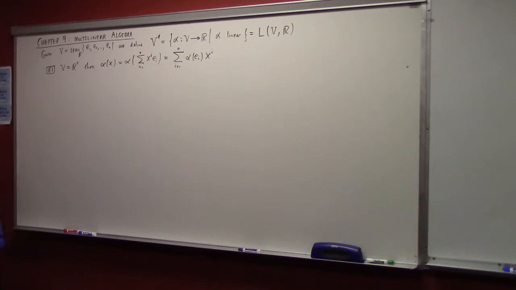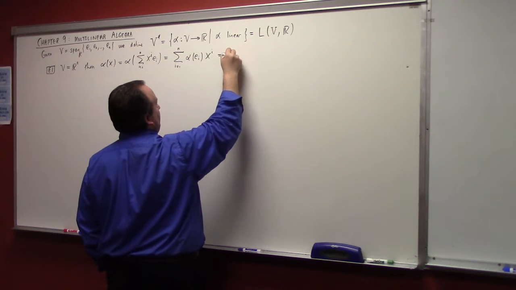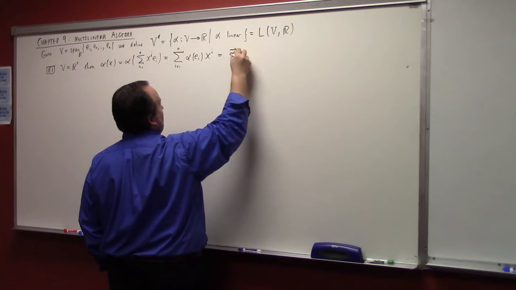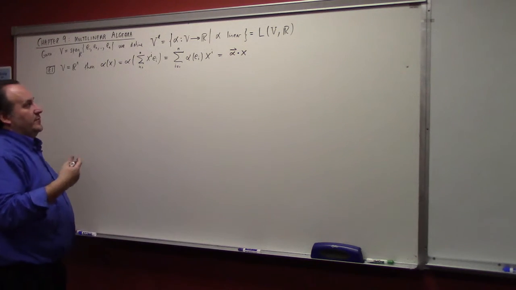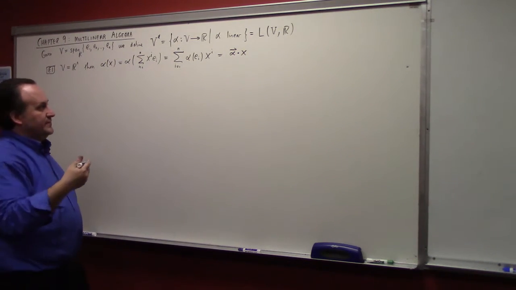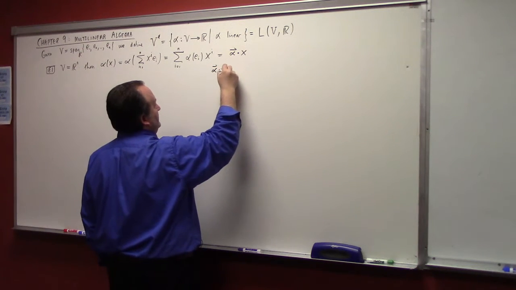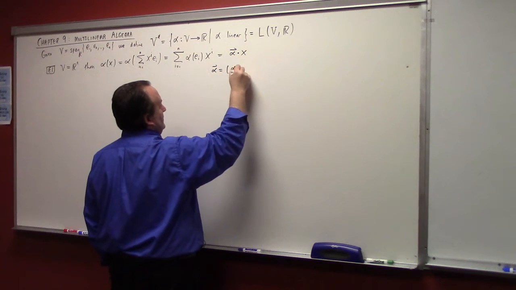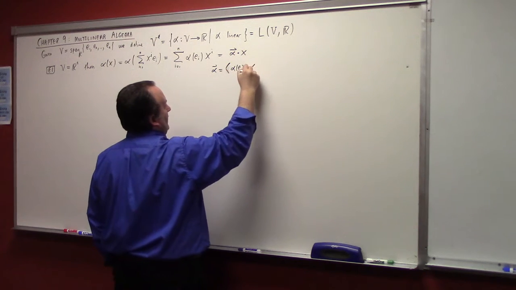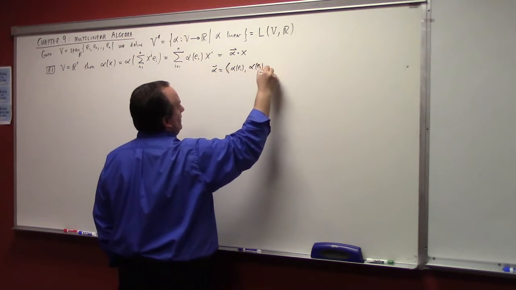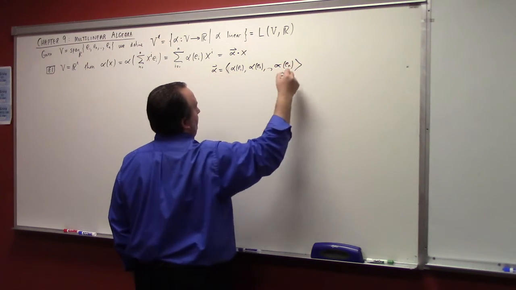But you see, you could just as well write this as alpha vector dotted with x as a vector, right? And where that vector is literally alpha of e_1, alpha of e_2, alpha of e_n, all right?